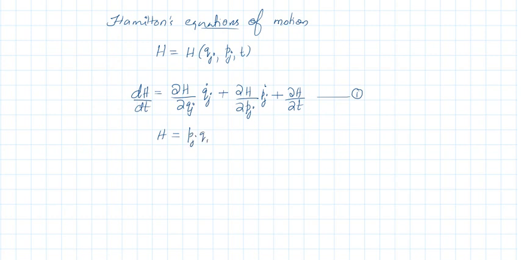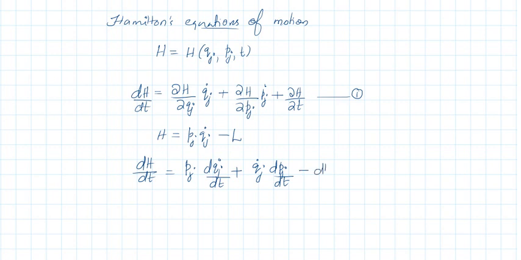p j q j dot minus L. From here you can write dH by dt as p j into d q j dot by dt plus q j dot into d p j by dt minus dL by dt, right? But L is a function of q j, q j dot and t.